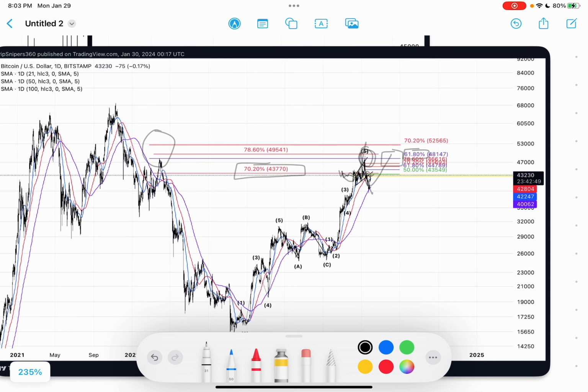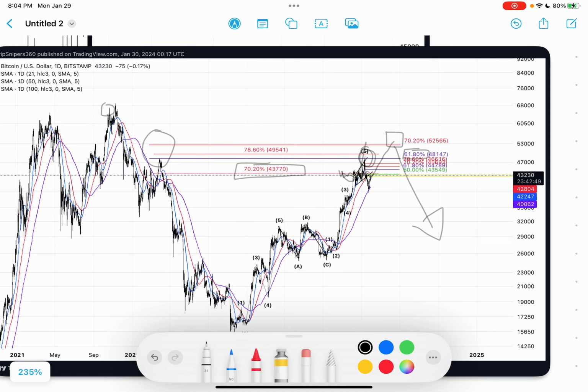Watch how price reacts here, because we could have a continuation to the downside, or if you get above the 78.6% fib, then it's likely we come up one more time to the 702 on the linear scale and then see that breakdown.